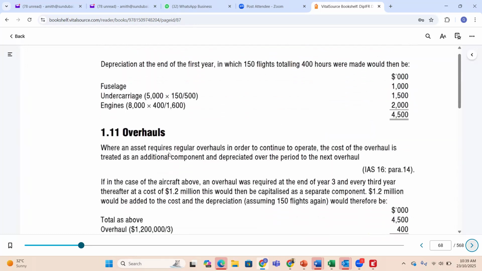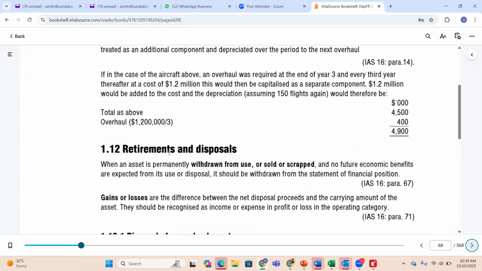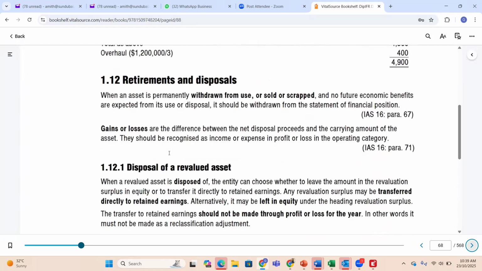Overhauls, where the asset requires overhaul. Now normally if there is an overhaul, what do you do? Does it have to be capitalized or expensed? Your car, definitely a PPE, right? Cost can be measured. So if you need an overhaul of the car, would it be capitalized or expensed?